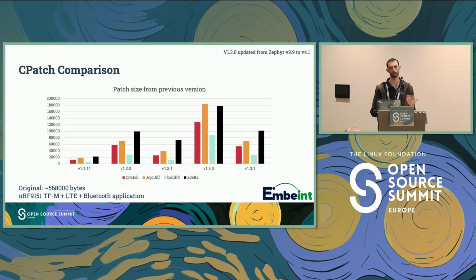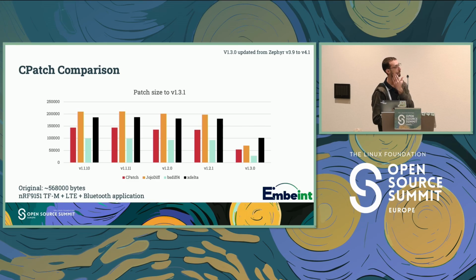And Zephyr doesn't update from 3.9 to 4.1 very often, right? So these are the sizes to jump from 1.1.1 to 1.2 to 1.2.1. If instead you're just trying to jump to the latest version, we see a different pattern, because to get to 1.3.1, it's a small jump from 1.3 and then larger jumps if you're running on some older version.